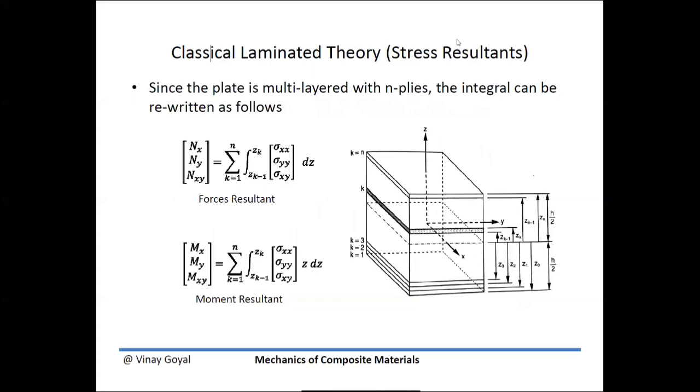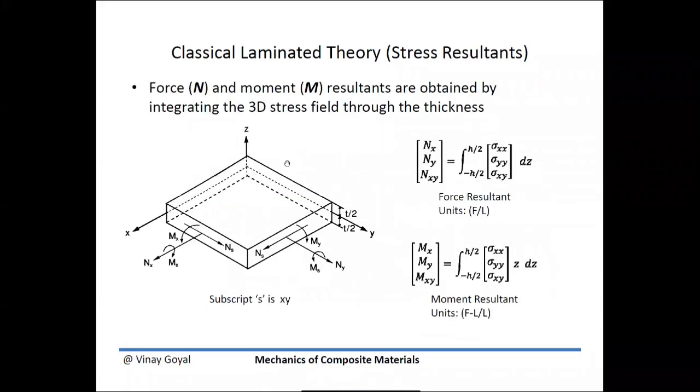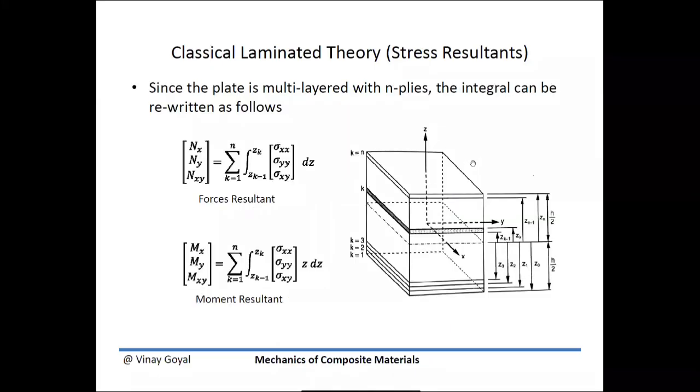Before I continue, the thing I want to point out now is that this integral from minus h/2 to h/2 needs to be broken up. As you know, integrating from minus h/2 to h/2 can also be broken up into small integrals. If I have a laminated plate that goes from minus h/2 to h/2, and I have all these plies that go from k=1 to n, so n plies, laminated, the integral can also be written in this manner: summation from k=1 to n, integral from z(k-1) to zk.